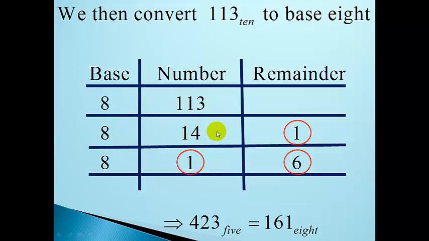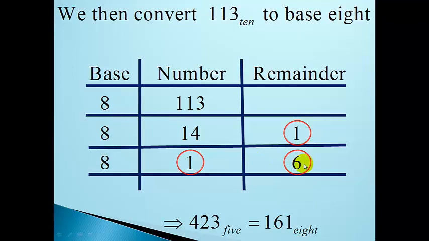113 divided by 8 equals 14 and the remainder is 1. How do you get remainder 1? When you multiply 14 by 8, the result is 112, and the difference between 112 and 113 is 1. That's the remainder. Now 14 divided by 8 is 1 and the remainder is 6. How do you get 6? When you multiply 1 by 8, the answer is 8, and the difference between 8 and 14 is 6.